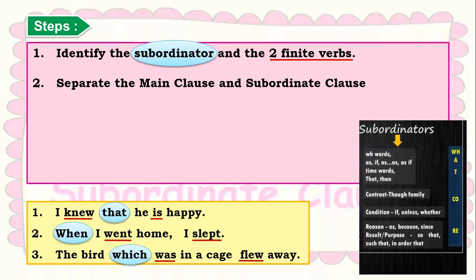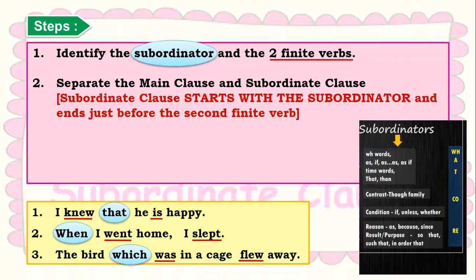The subordinate clause is the easiest one to find out. So let's find out the subordinate clause first. I knew that he is happy. Yes, because it starts with a subordinator, it is the easiest. So let's mark it. That he is happy.